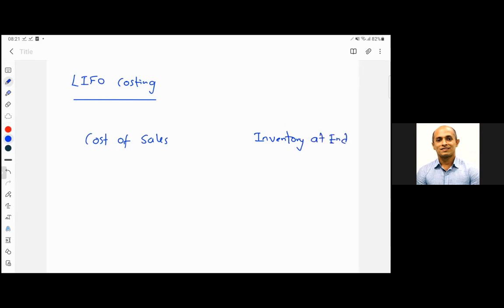Now you have already calculated that you have sold 90 units. Under the LIFO method, the current price goes to cost of sales. The current purchase price is 400, so cost of sales is valued at 400, 36,000. So this 400 is the current price.